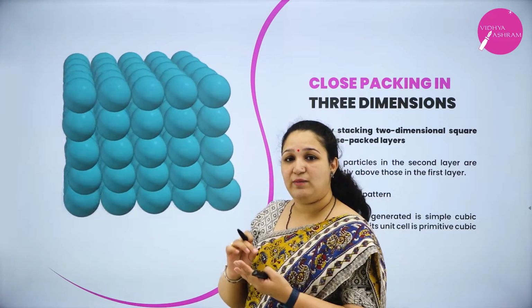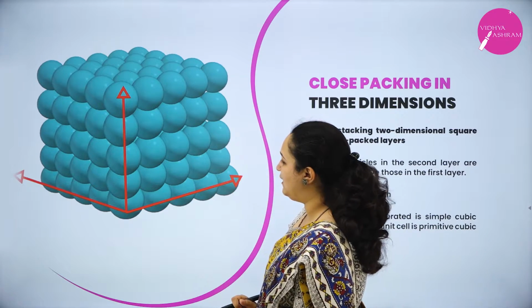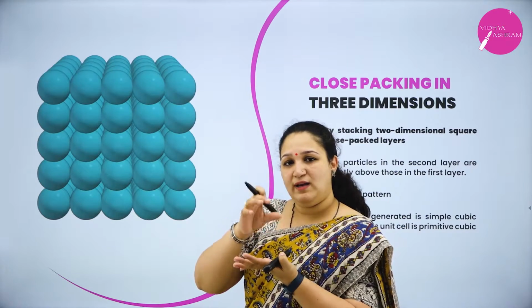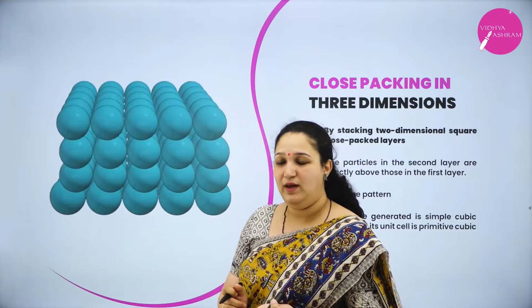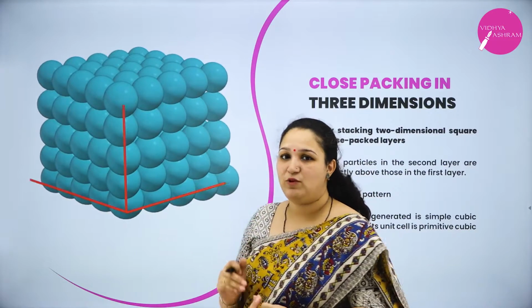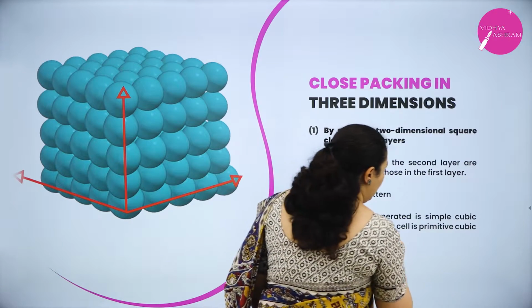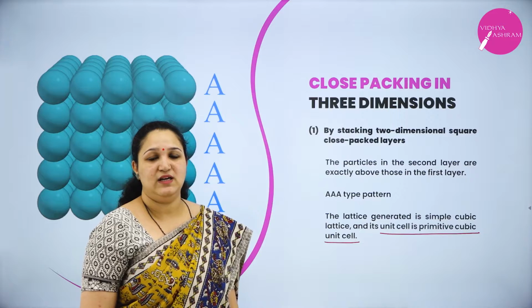That's why we name it A. The particles are one above the other, and the voids are also one above the other. Such packing gives rise to the primitive cubic unit cell.